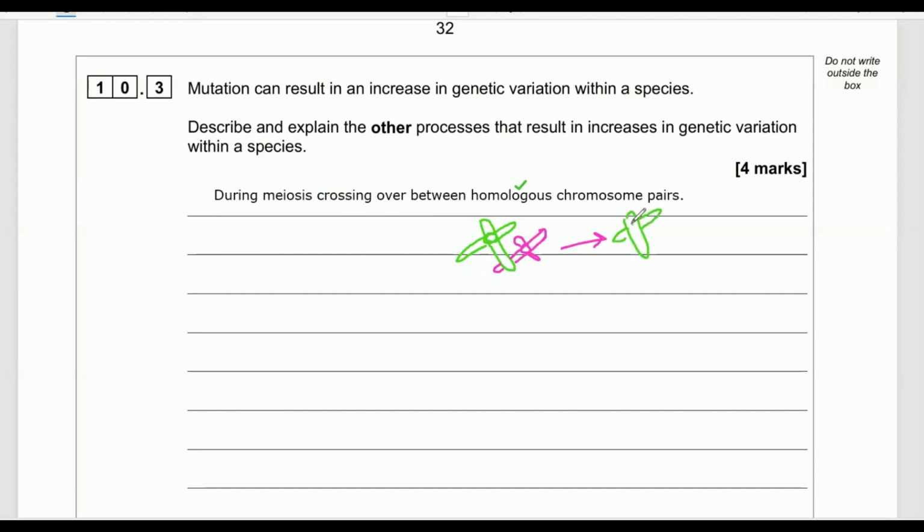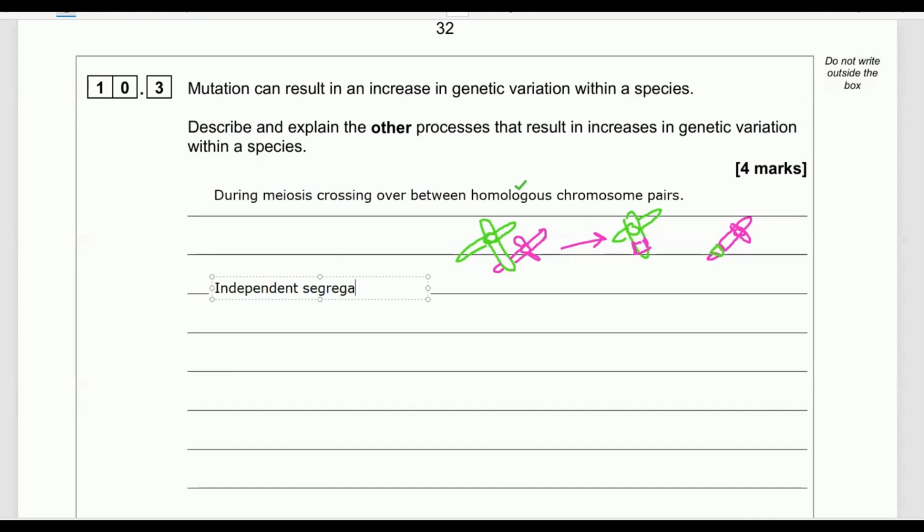So, for instance, my pink chromosome is going to swap with its homologous partner, the green one, and then we're going to get new combinations of alleles in the daughter cells, essentially. And so crossing over gives us some variation other than the random mutations that all chromosomes or genes can undergo.